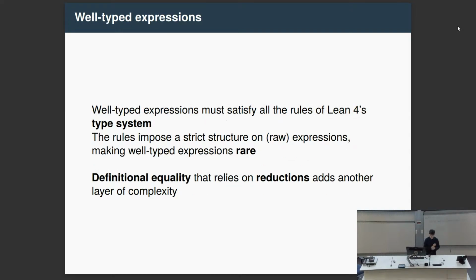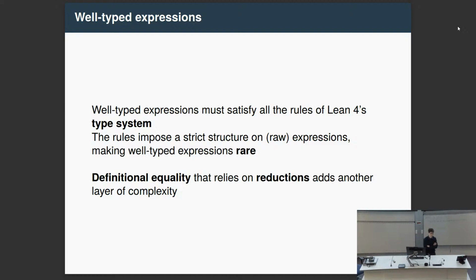Now, what are well-typed expressions? Well-typed expressions are raw expressions coming from Lean 4's raw expression formal grammar that satisfy all the rules of Lean 4's type system. These rules impose a very strict structure on these raw expressions, making well-typed expressions pretty rare. Another layer that I'll be mentioning is definitional equality.